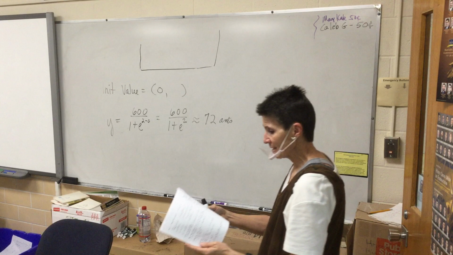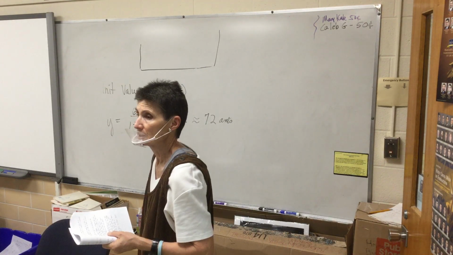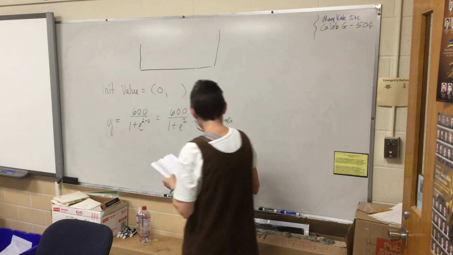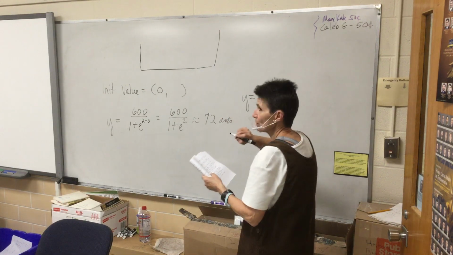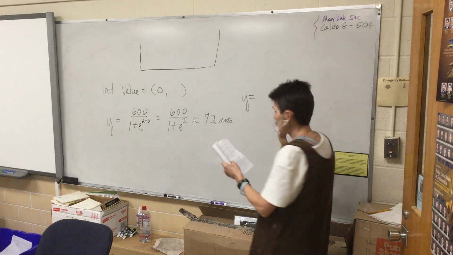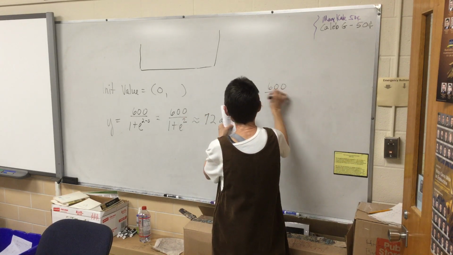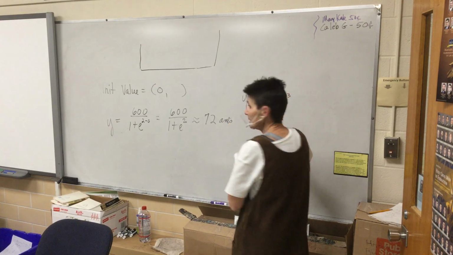How many ants are present after 3 hours? Okay, go back to our equation, which I didn't write down. But how many ants would be present after 3 hours? What will I do to solve this? Plug in. I'll do exactly what I did, but I'm going to plug in 3. So it's 600 over 1 plus e to the 2 minus 3.